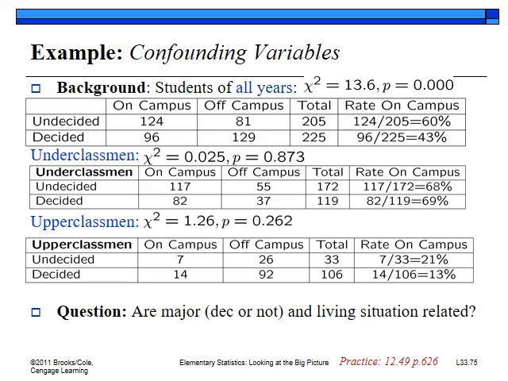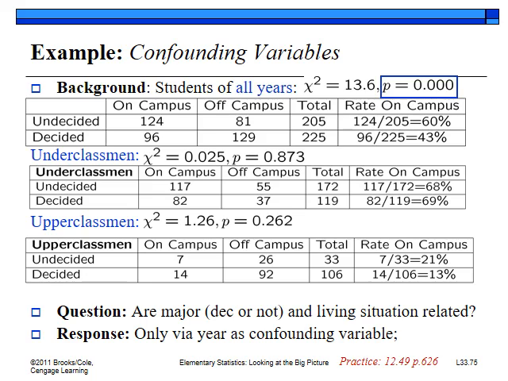With all groups lumped together, it looks like yes, very much. But once we control for number of years in college, upperclassmen versus underclassmen, those numbers look very ordinary. So once we control for class year, no.